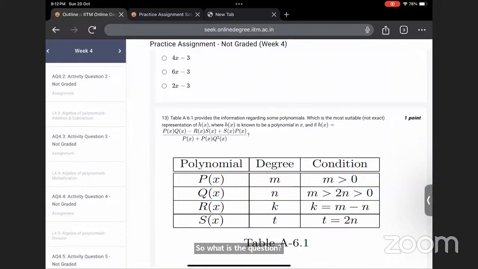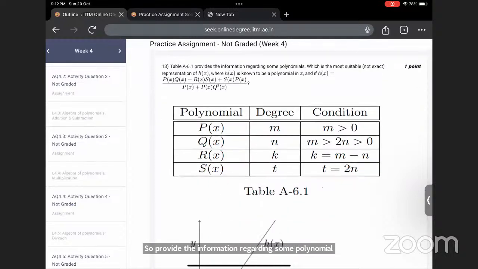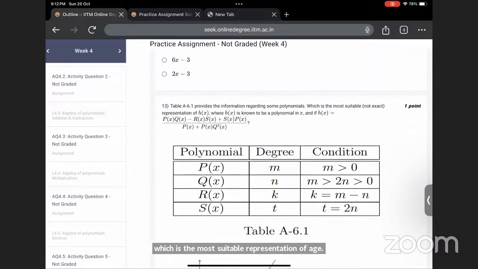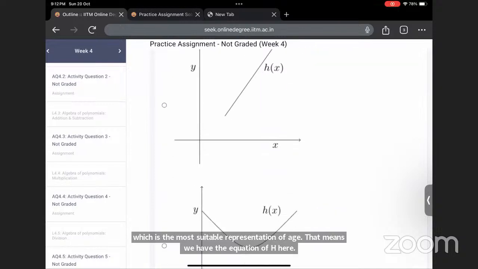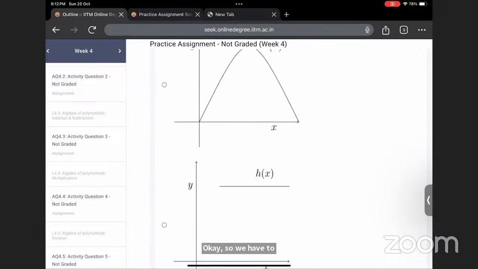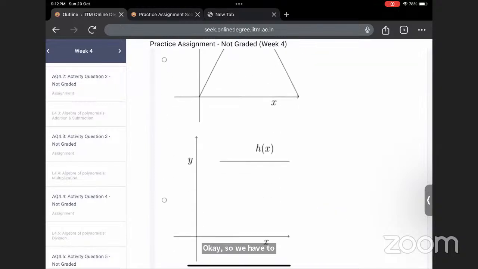It asks for the information regarding the polynomial, which is the most suitable representation of H. That means we have the equation of H here, so we have to check what the graph of H will be.